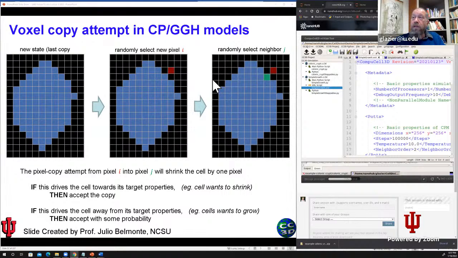And here we have the cell gain 1 unit of volume, red copied onto this neighboring site, green. Here we have red copying onto the neighboring site, so our cell is losing 1 unit of volume. Again, whether we make that choice or not is going to be probabilistic. These are stochastic models.